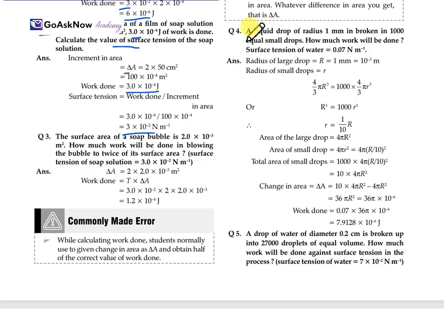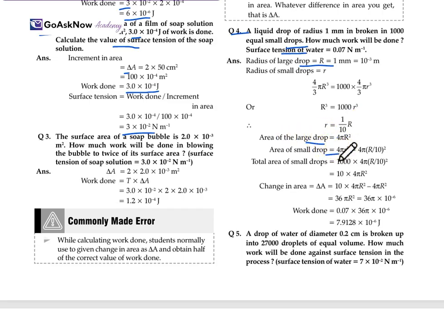A liquid drop of radius 1 mm is broken into 1000 equal drops. How much work will be done? Surface tension of the water is 0.07 Newton per meter. So radius is given as 1 mm. We convert into meter. A small drop has radius r, and 4 upon 3 pi R cube is equal to 1000 times 4 by 3 pi r cube. We get the value of small r is equal to R by 10. Area of the large drop is already there.